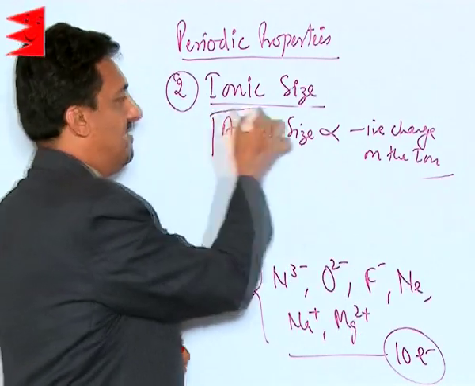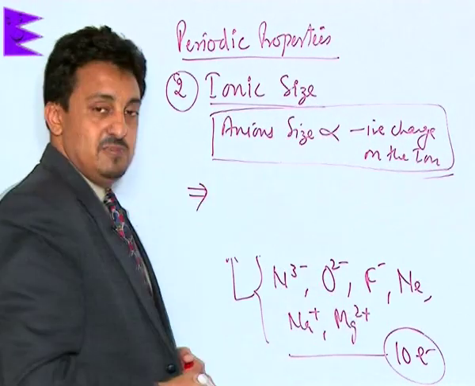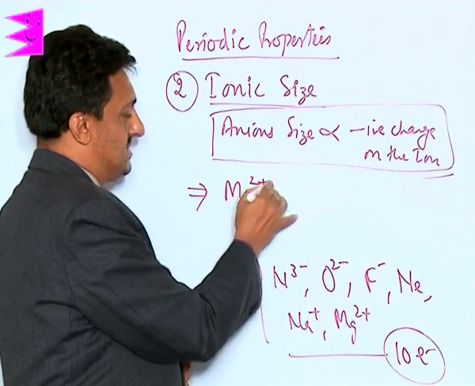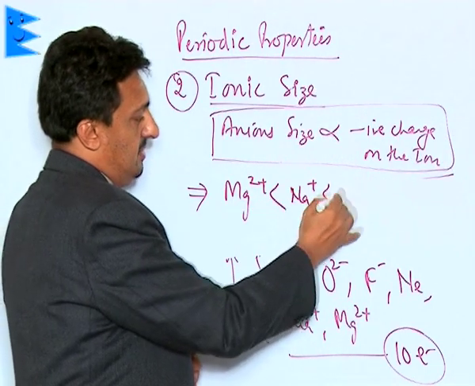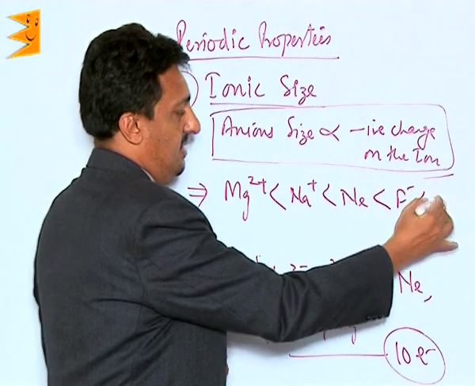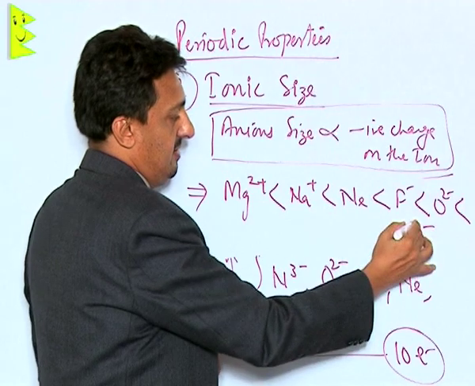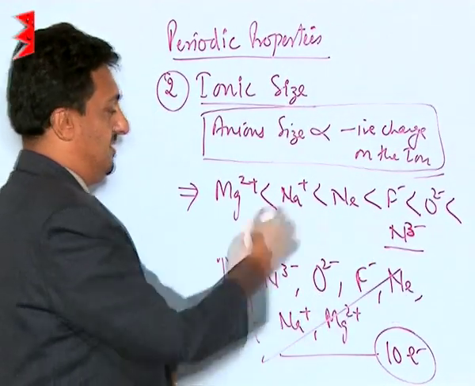On the basis of these basic trends, we can arrange these 6 species like this. The smallest is Mg2+, followed by sodium, then the neutral atom neon, then fluoride, then oxide, and then nitride. So this is the usual trend of these 6 species.